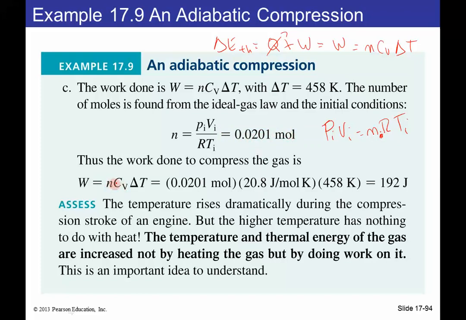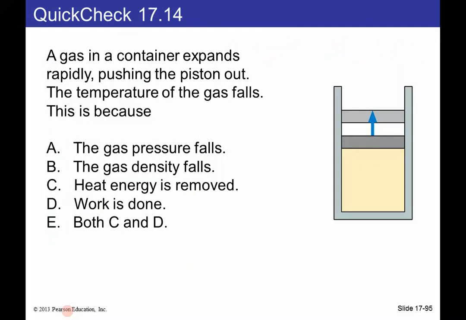And then you put that in here, CV delta T, which you know, and then you get your answer. It's 192 joules. So this temperature that changes dramatically during this compression is all due to work. It's not heat. You didn't heat the system because there was no heat going in or out. It was just work that produced this change in temperature.